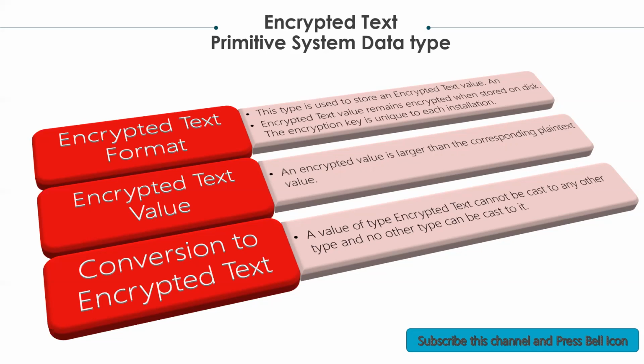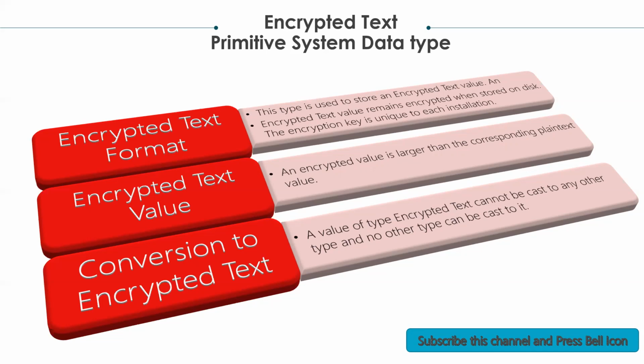And the last one is that an encrypted text value is only decrypted when displayed as the value in an encrypted text field or within a plugin using the encryption service public API.